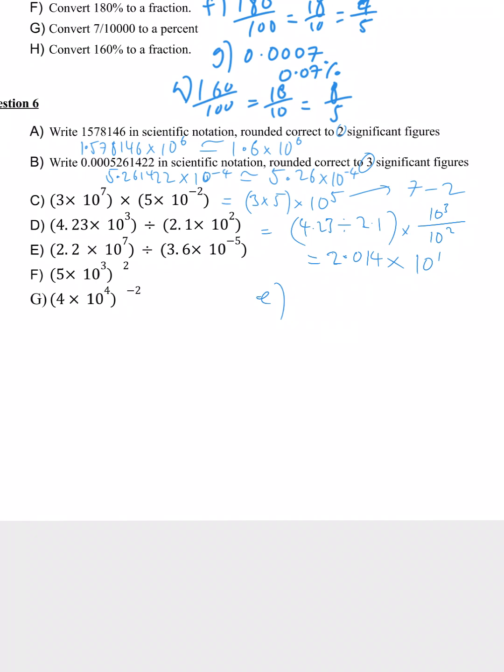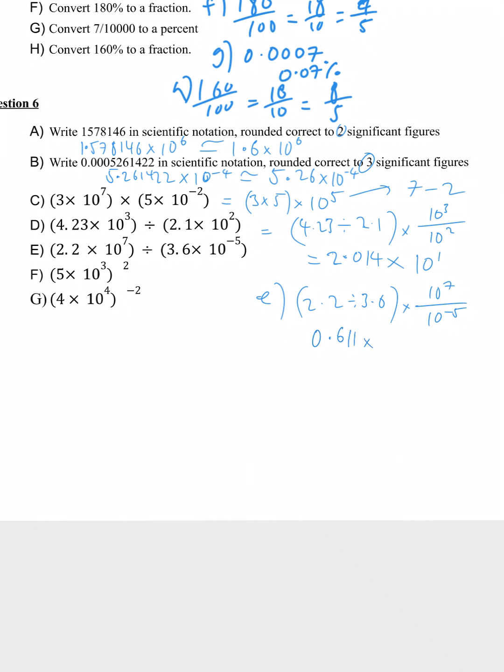So again, this is dividing. So we're going to take our 2.2 and divide it by our 3.6. And that's going to be our number in front from the calculator. For the part with the tens, it's 10 to the power of 7 and it's divided by 10 to the power minus 5. So on the left there, 2.2 divided by 3.6 comes out to 0.611.